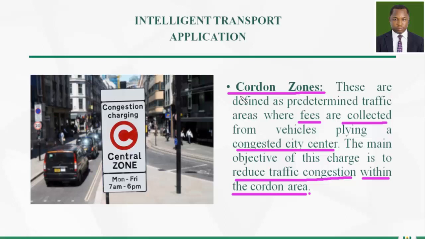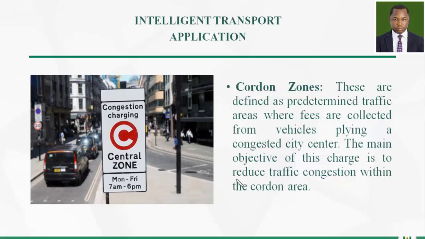With that, the flow of traffic is controlled. That means only those who have the necessity to go into the city center will do so. So cordon zones are actually used to reduce traffic congestion within the cordon area, that's the city center.